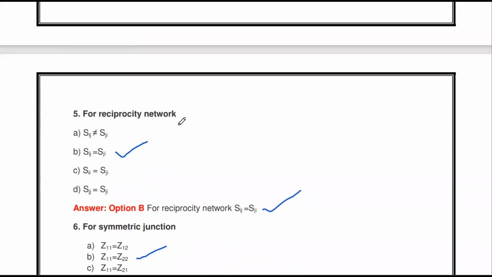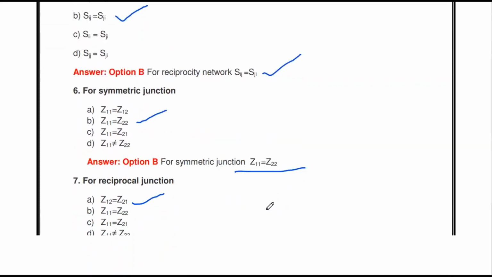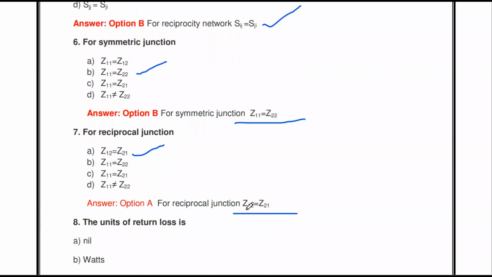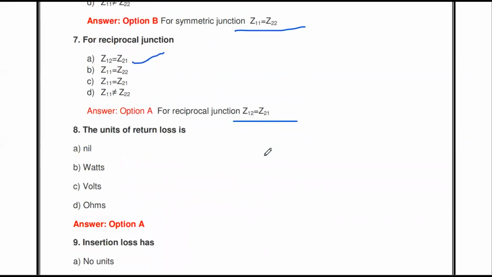For a reciprocal network in terms of S parameter, Sij equal to Sji. Similarly, for a reciprocal junction in terms of Z parameter, Z12 equal to Z21 for a two-port network. Generally, we can say Zij equal to Zji. So these are all the conditions.